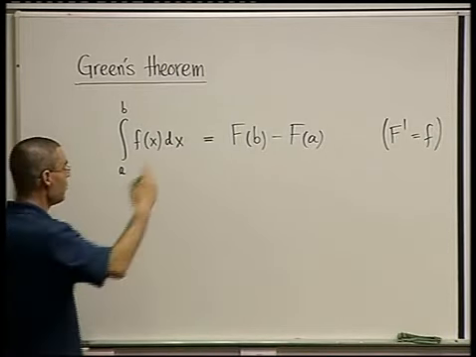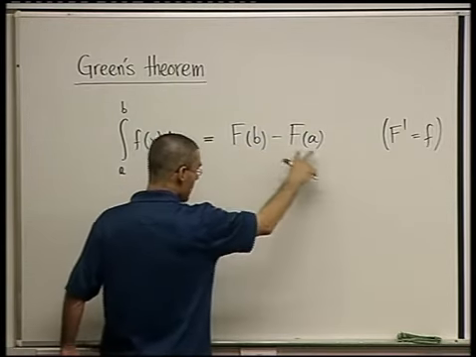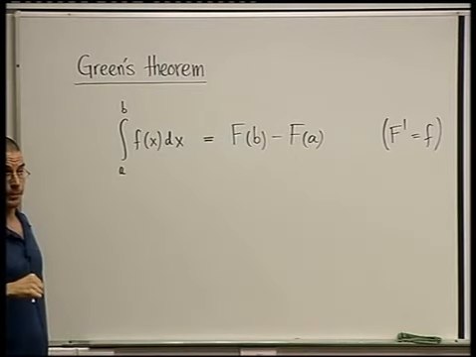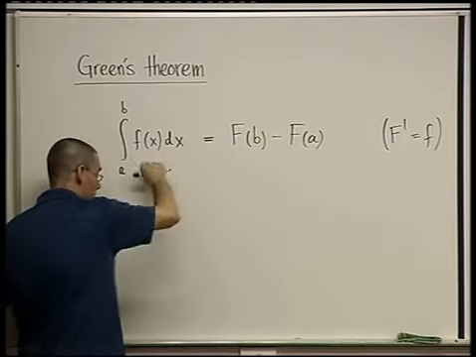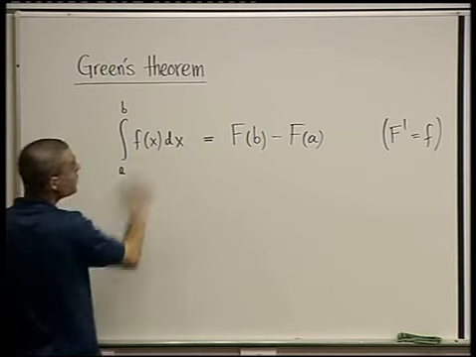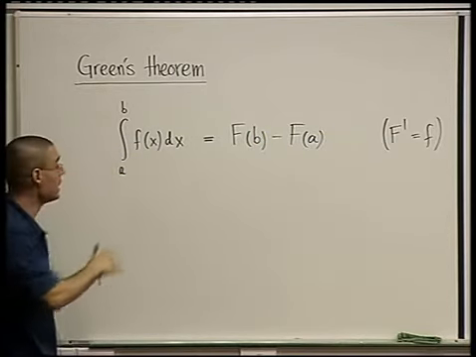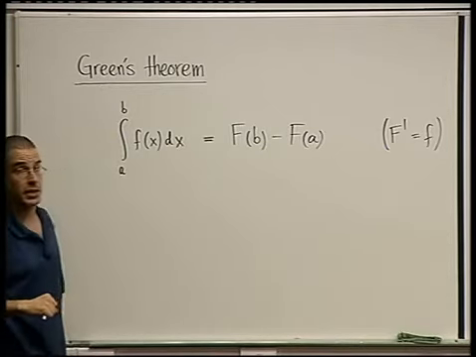So on the right-hand side, you have a function, and you're looking at its values at two endpoints of an interval. On the left-hand side, you have the derivative of the function on the right-hand side, but now you're not just looking at the endpoints, but you're looking at the entire interval from a to b and doing something, and that something is putting the function in a snake.